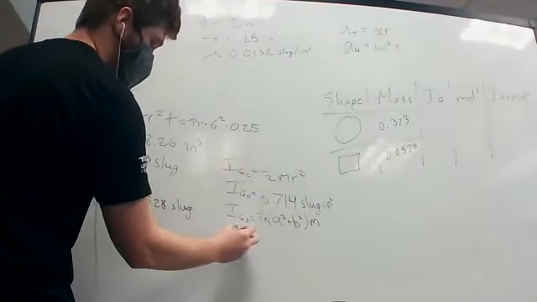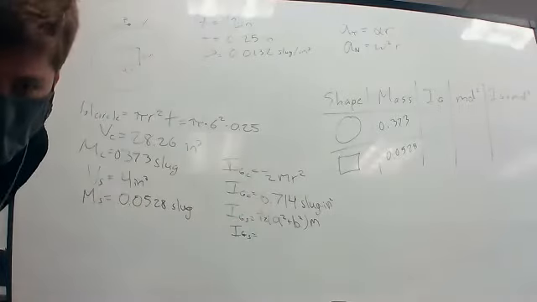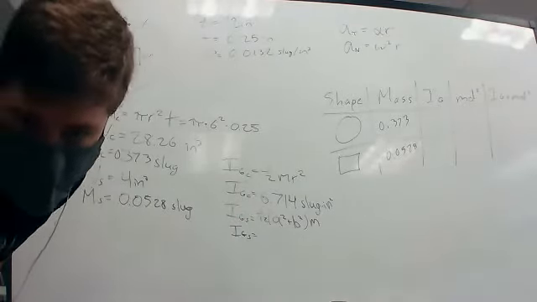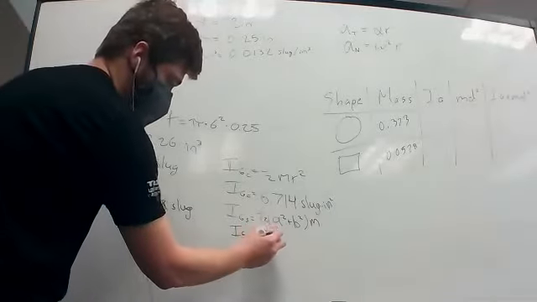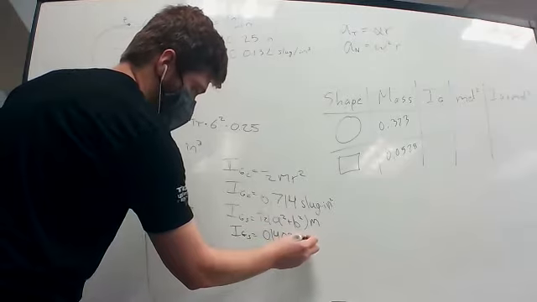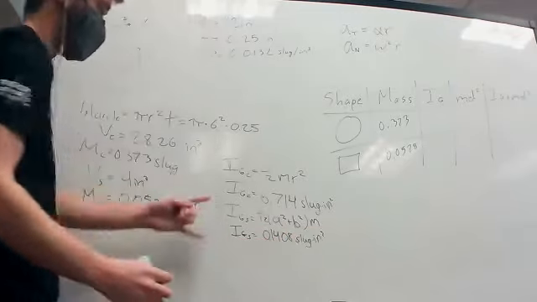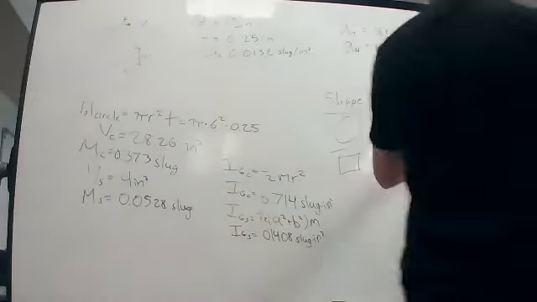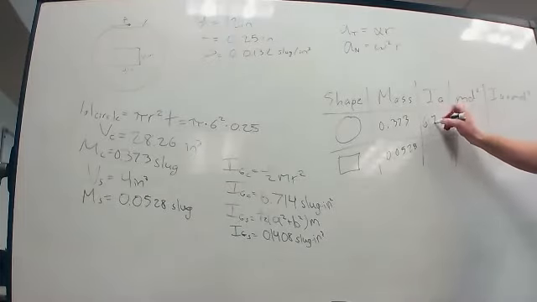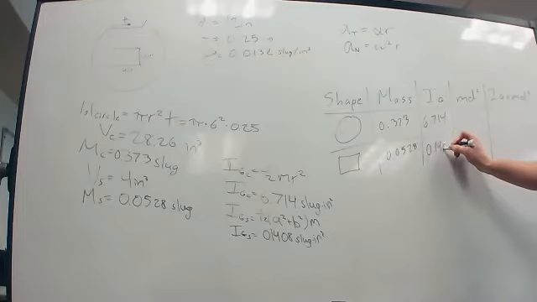You can solve for IG of the square as 0.1408 slug inches squared. And so these two values are what we need next. For the circle it was 6.714 and for the square it is 0.1408.